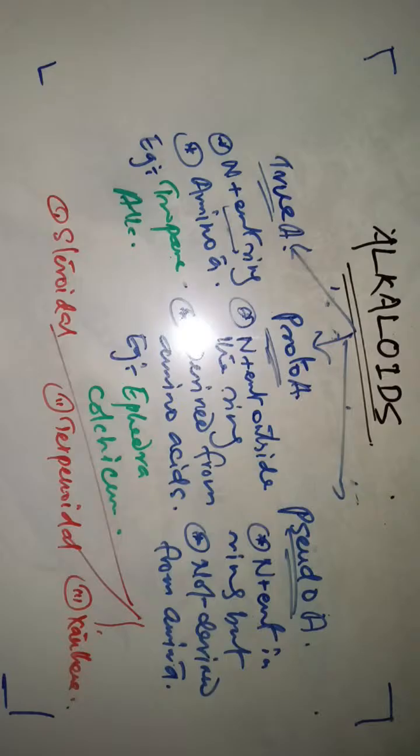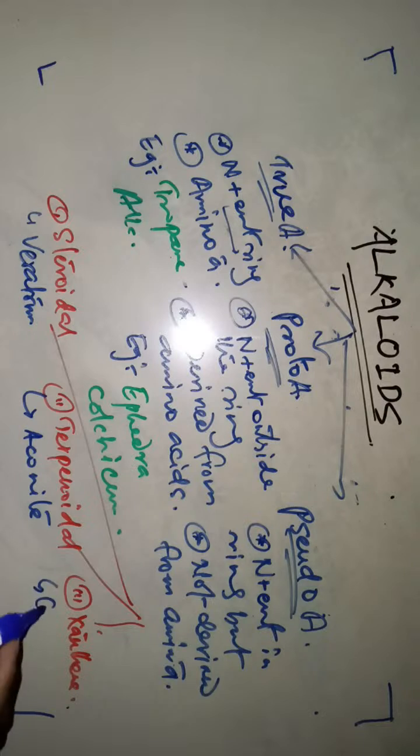Example of steroidal pseudoalkaloids is veratrum. Example of terpenoidal pseudoalkaloids is aconite. And example of xanthine pseudoalkaloids is coffee and tea.